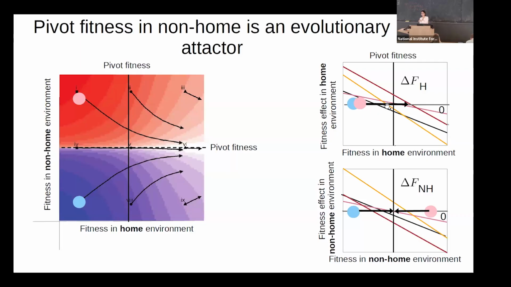If you have perfect correlations, then what happens in the non-home environment is exactly what happens in the home environment. So as soon as you start having correlations between these points, where this line crosses the neutral, the pivot point, as long as you have covariation between this noise right here, then you can have trajectories that do not converge to this specific point.